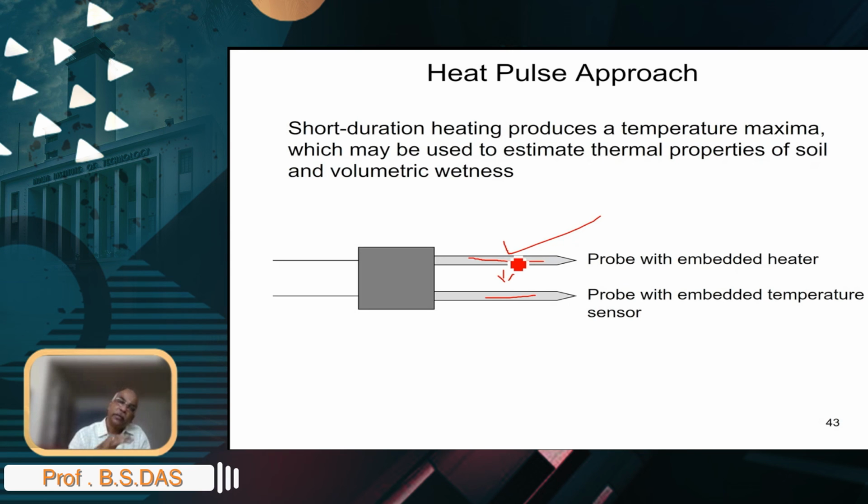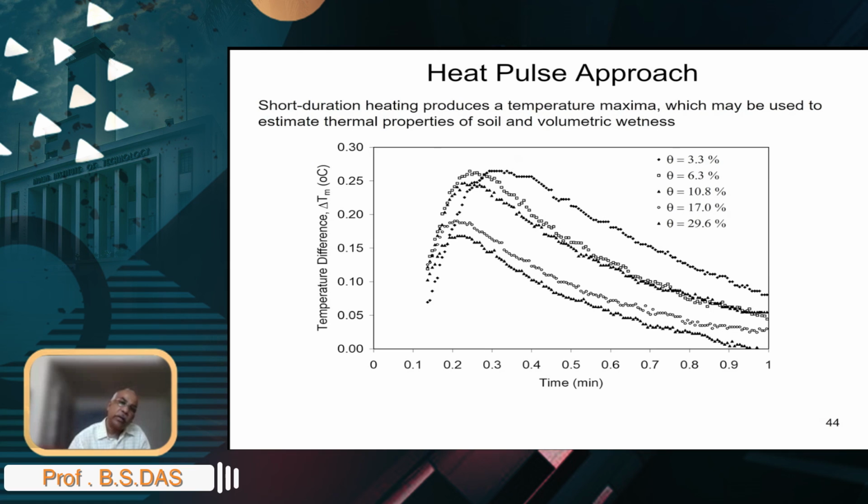What would happen? You have a constant source, and then you shut it down, and so your temperature response is going to increase, and as the source is cut off, it's going to come down. This is how it looks, depending on what sort of soil wetness you have. The temperature difference from the ambient starting temperature, due to the rise from heating, if you're doing about 6 to 8 seconds of heating, is typically about 0.5 units of change.